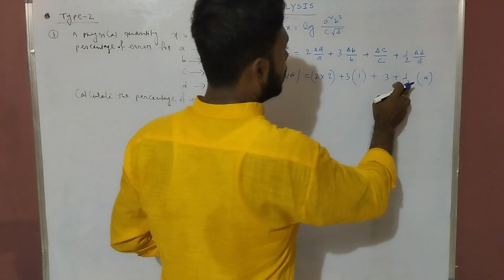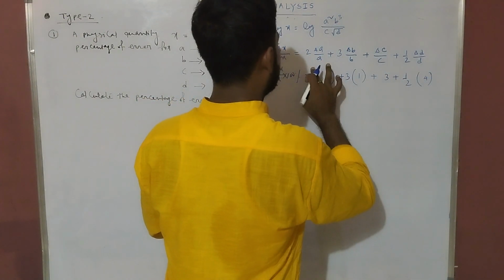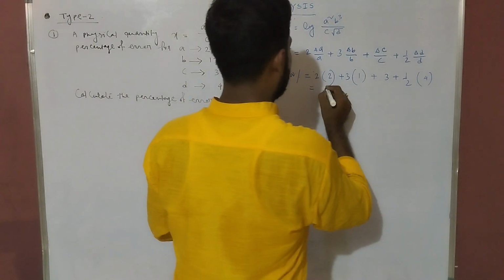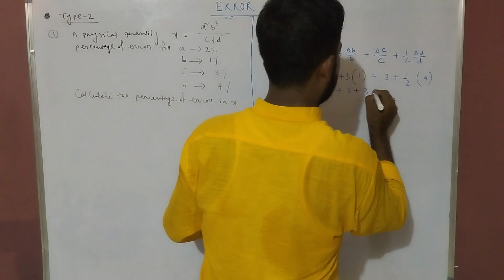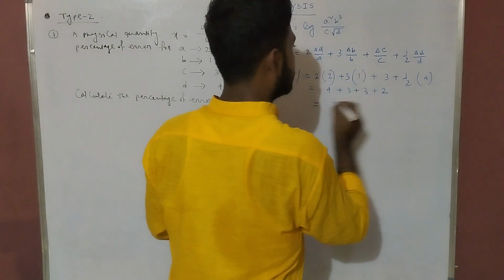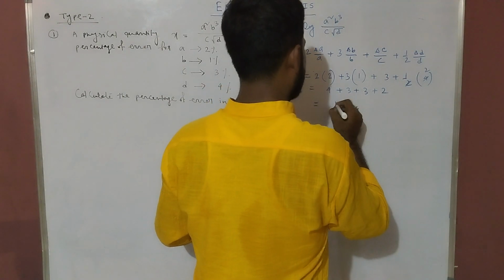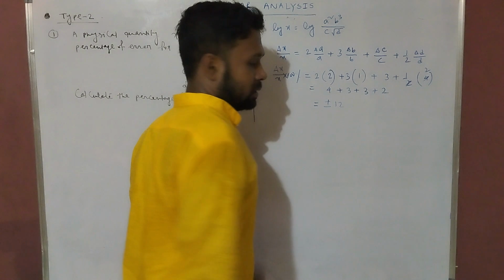So half into 4, 2 into 2 is 4, plus 3, plus 3, plus 2, which is 12. So there may be plus or minus.